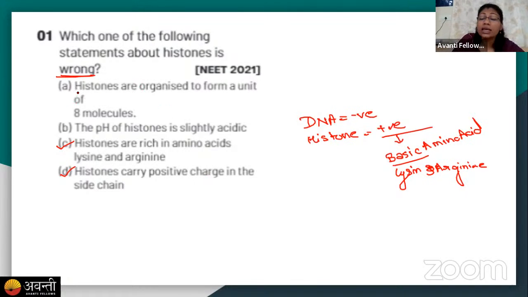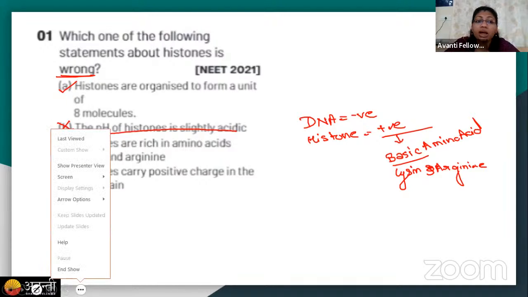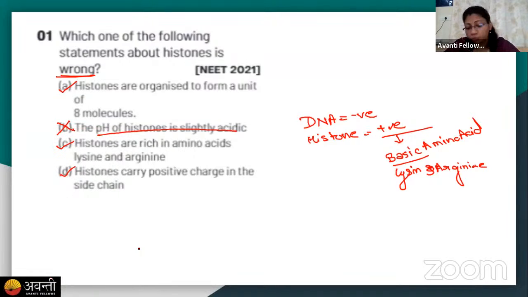That is why it is known as histone octamer. If the histone octamer is formed, then option A is also correct. So now we can say option B, which says pH of histone is slightly acidic, is incorrect, because due to the presence of basic amino acids, it forms a basic pH. So for question number one, the answer is option B, because it contains the basic proteins, that is lysine and arginine.